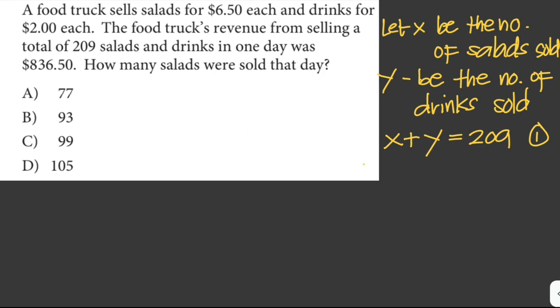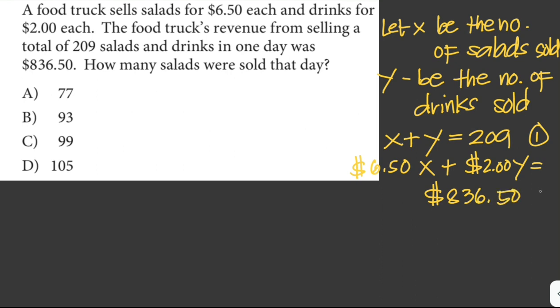So that would be $6.50 times the number of salads sold plus $2 times y equals $836.50. So that is our second equation. We are asked to solve for the number of salads sold that day, and we let x be the number of salads sold. So we can solve for x here by eliminating y.